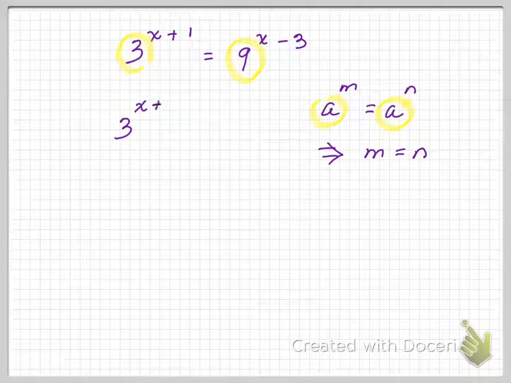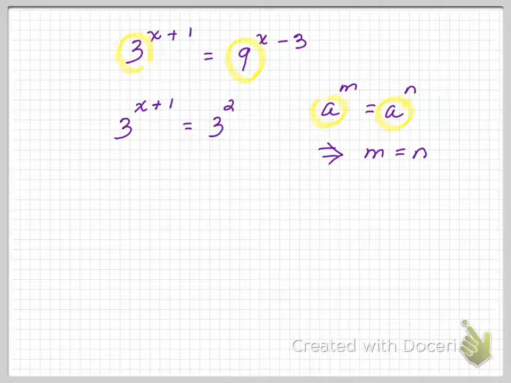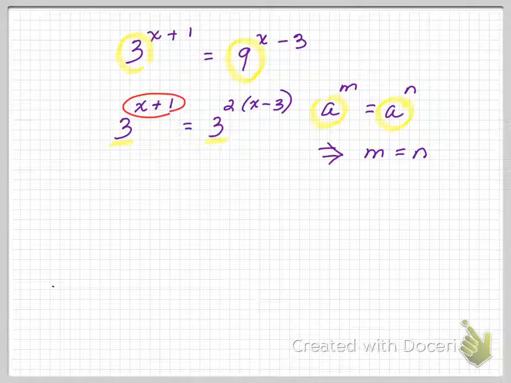So we have 3 to the x plus 1 equals 3 squared to the x minus 3. So now we have a to the m equals a to the n. So all you do is just set your exponents equal to one another. So this is going to equal that.